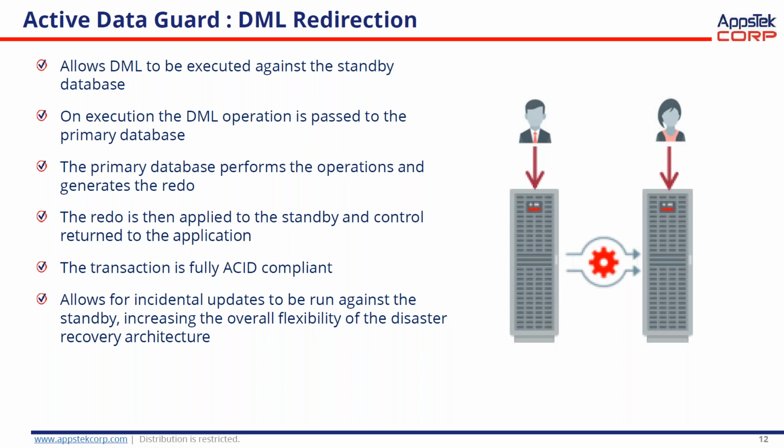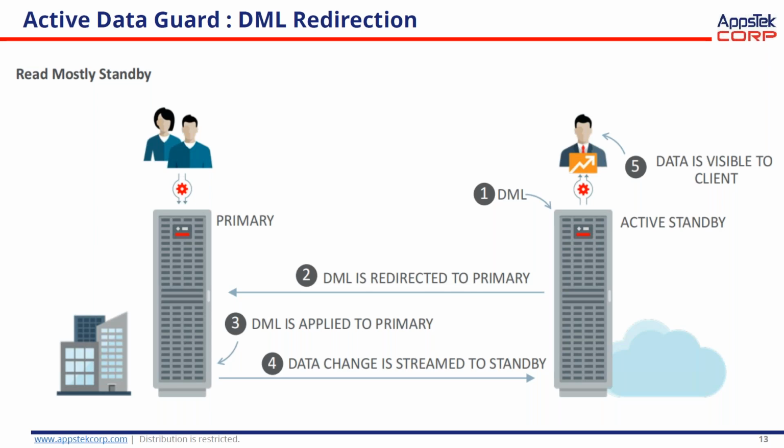There is a new documented parameter that has been introduced, that is ADG_REDIRECT_DML, which controls the DML redirections. So how will you enable this? You can enable it at the session level or at the system level. You have to run alter system set adg_redirect_dml equal to true scope equal to both, in both primary and standby, and you don't need to restart the Oracle database.